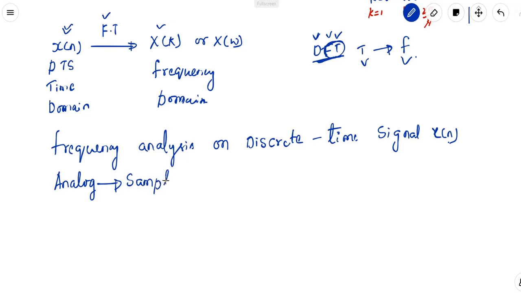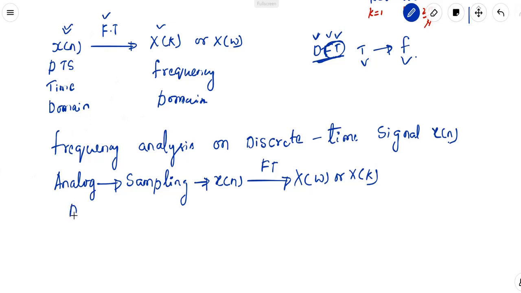Once we do sampling, the resultant signal is the discrete signal, and that one we write as x of n. On this x of n we take the Fourier transform, and that one we write as x of omega or x of k, that is DFT.